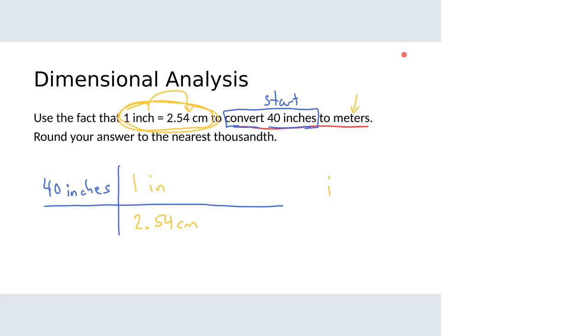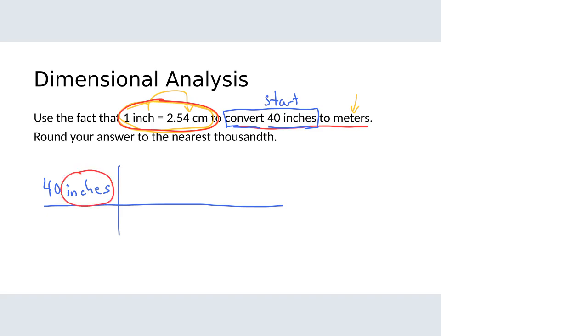So you know what? Instead of putting inches on the top, let's try the other way. And it's not that we're doing this at random. We're doing it intentionally. I've got these inches here that I want to cancel. I know that 1 inch and 2.54 centimeters are the same.